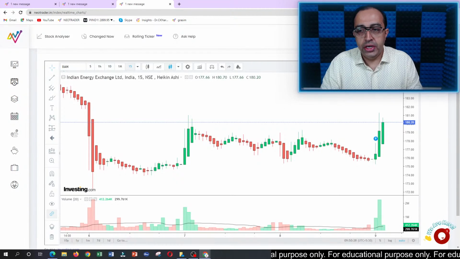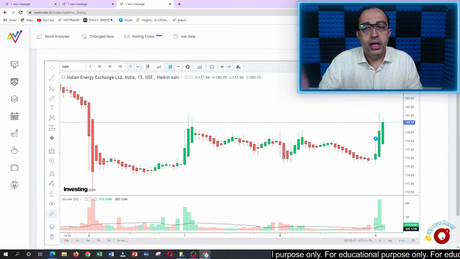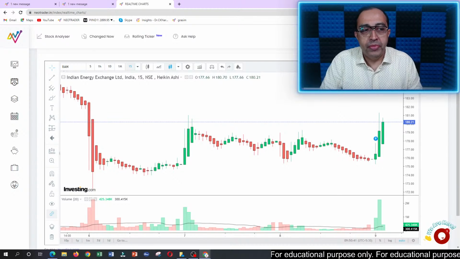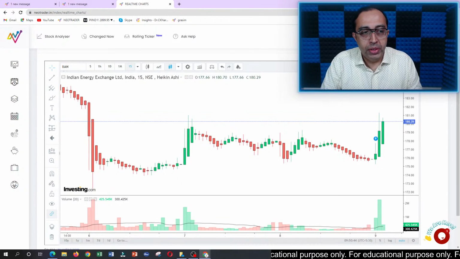A move above its recent consolidation around 179 is prompting us a buy opportunity. Yes, very rightly said Sandeep, with volume. The volume is visible here, and there is good momentum on this as well.